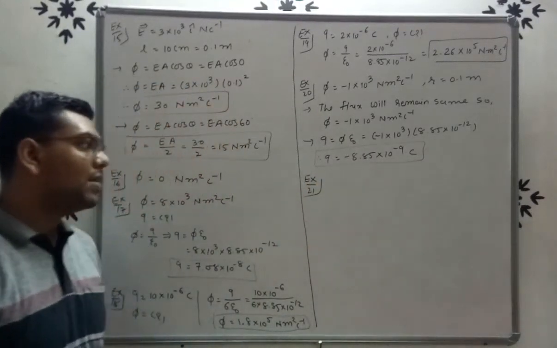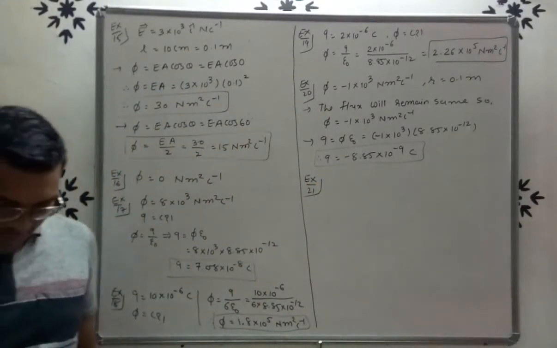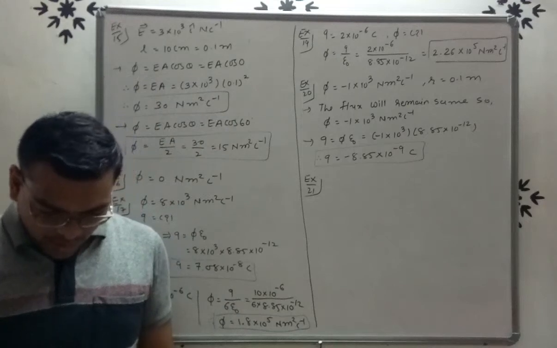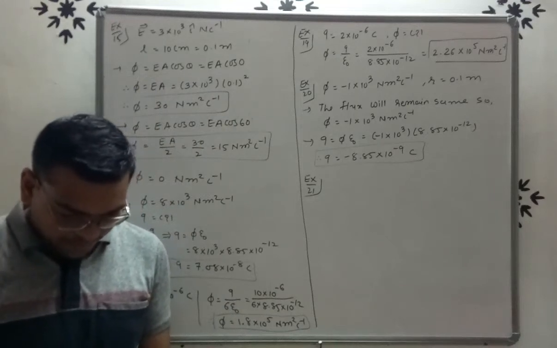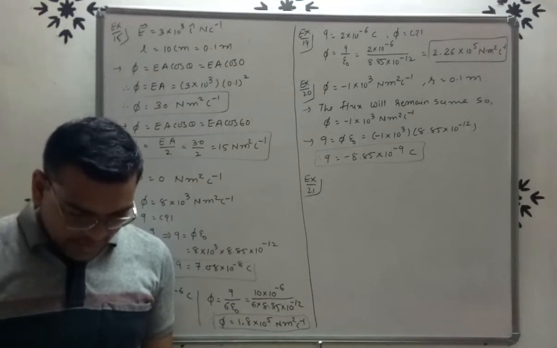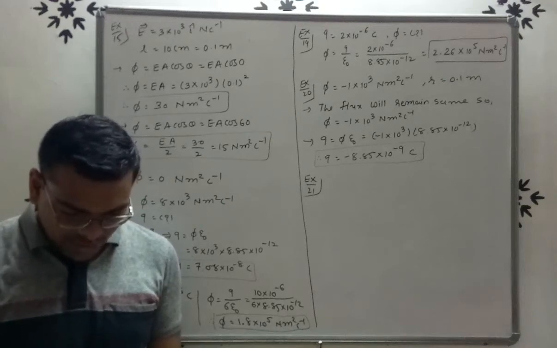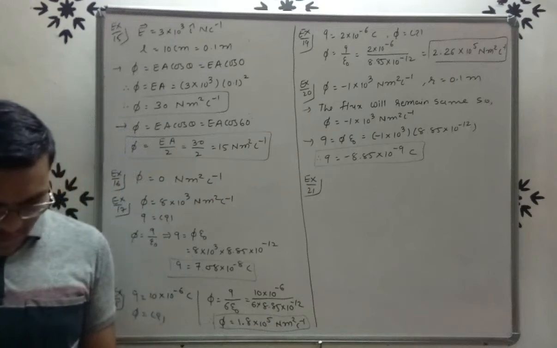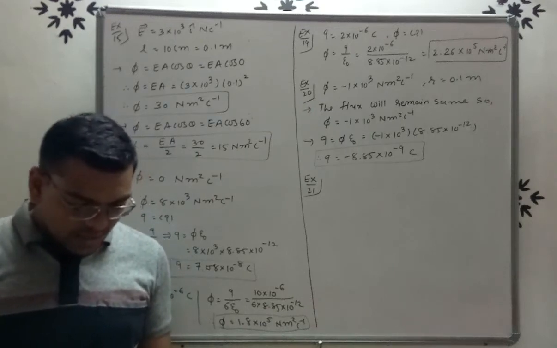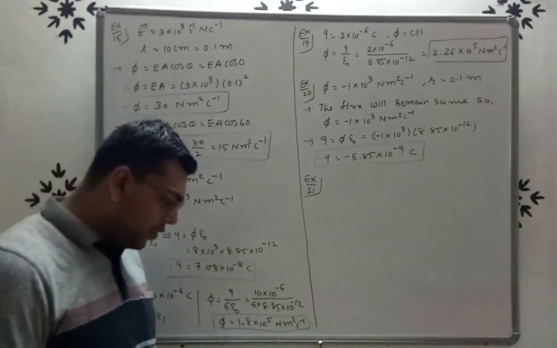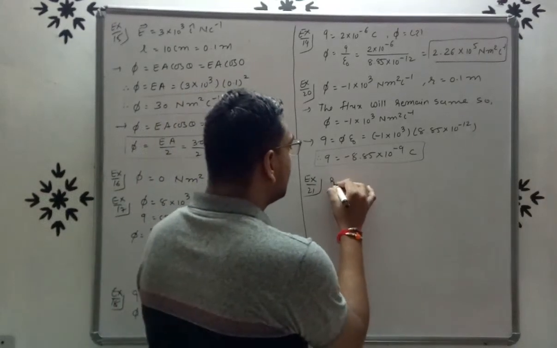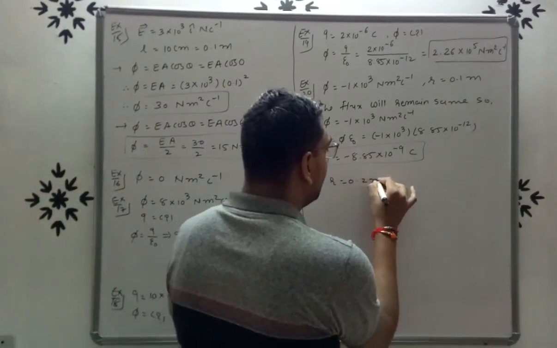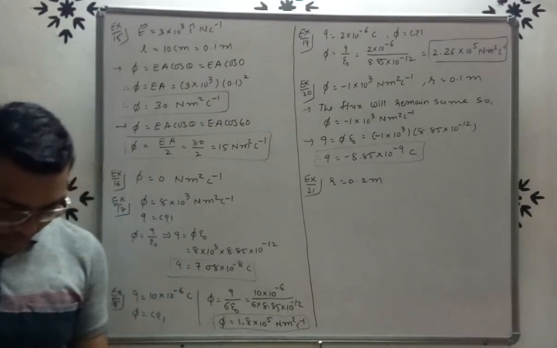Now the next example, that is example number 21. A conducting sphere of radius 10 cm has an unknown charge. The electric field 20 cm from the center is given. So here the distance is given, the electric field is at 20 cm. So R is equal to 20 cm, that means 0.2 meter.